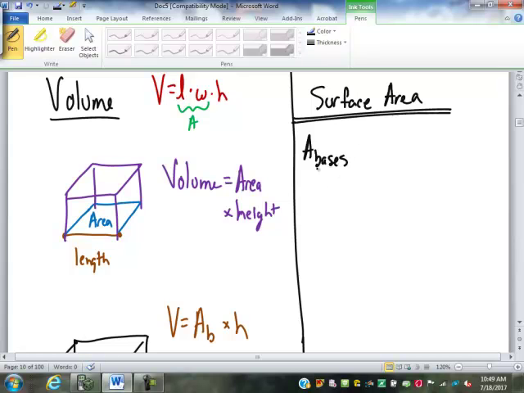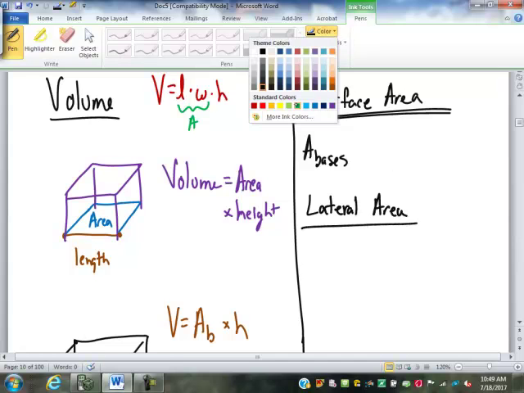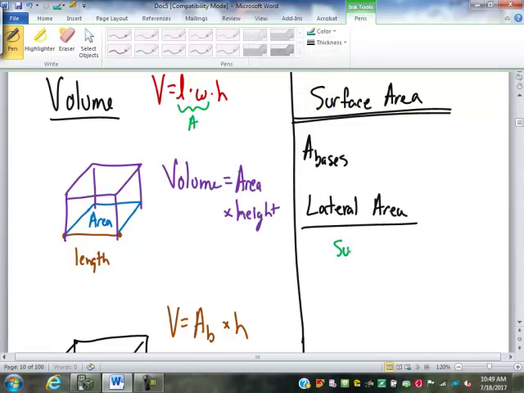The area of the base is, well, we already found the area of the base, right? In most shapes, if we found the volume, we found the area of the bases. Then there's something called the lateral area. The lateral area is the area of all the surfaces between the bases.